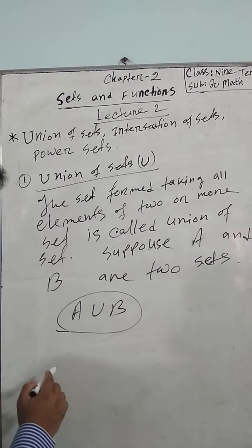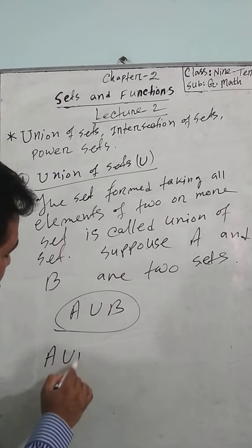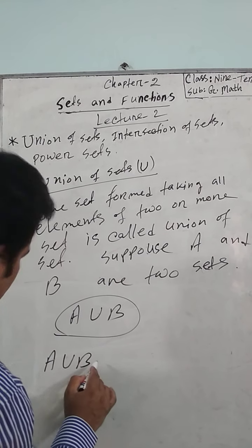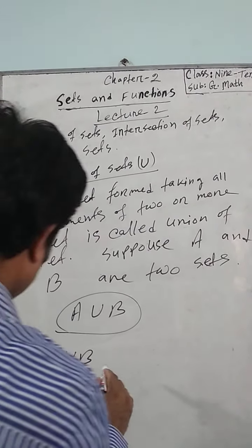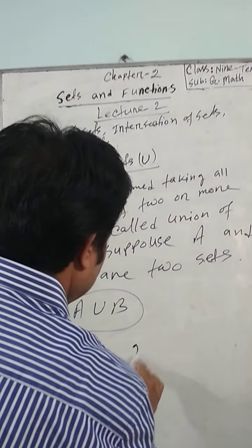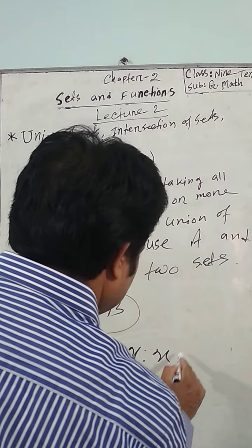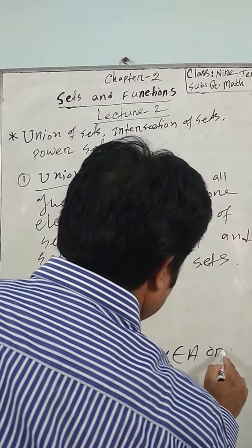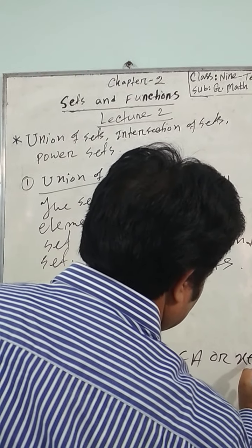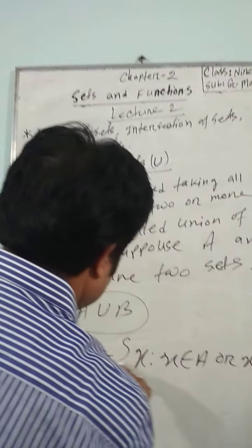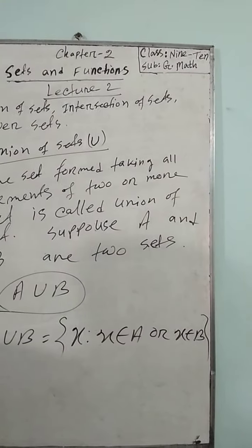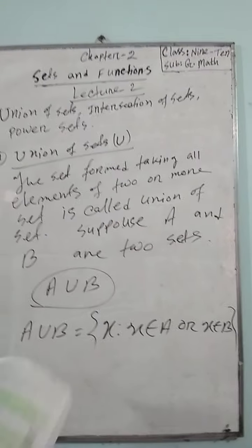In set builder's method, A union B is {X such that X belongs to A or X belongs to B}. This is the set builder's method of union set.